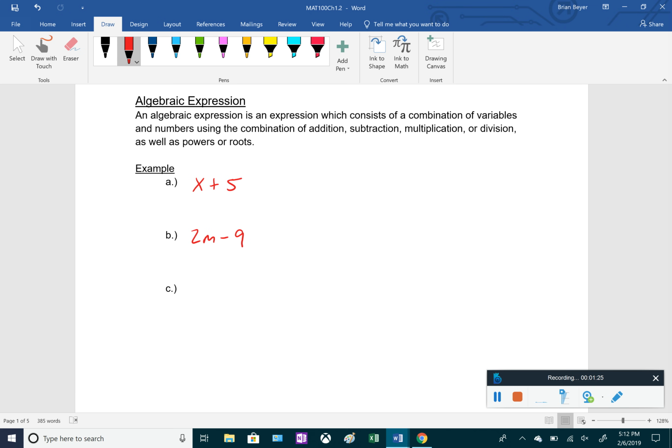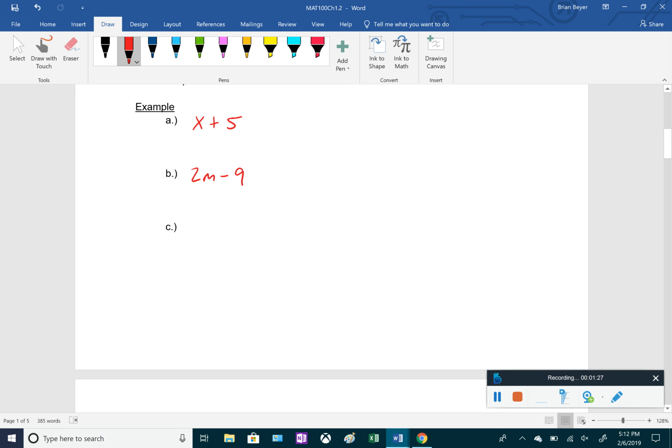So that's 2 times m. And 8p squared plus 6 times p minus 2 is also an expression. Okay, so there's no equal signs in expressions.